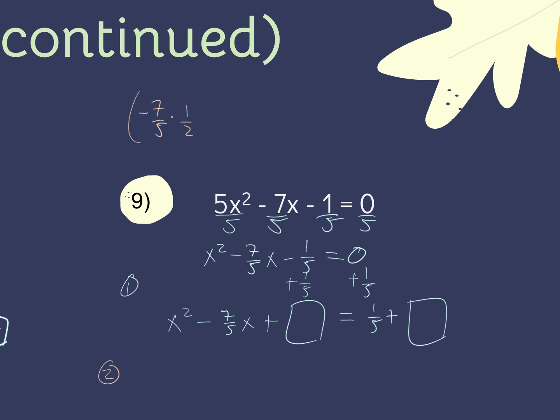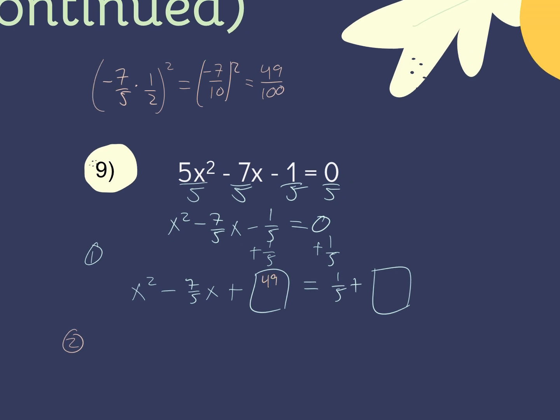Nothing cancels here, so we just get negative 7 times 1 over 5 times 2, which is negative 7/10 squared. This gives negative 7 times negative 7 is 49, 10 times 10 is 100. So we're going to add 49/100 to both sides.